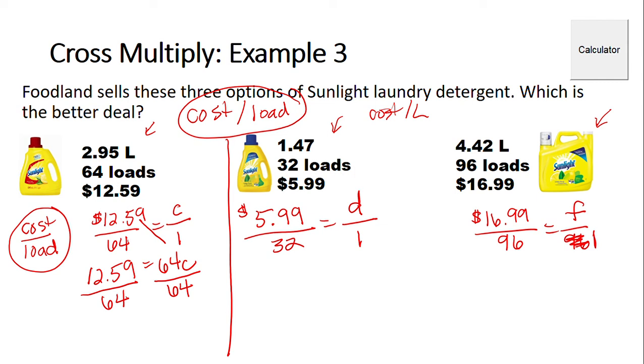So instead of 0.196, I'm going to round that up to 0.2. So 0.2 equals C, and this is money, so it's 20 cents per load for that one.